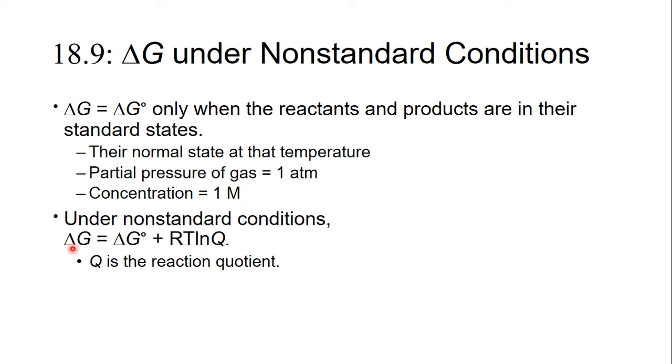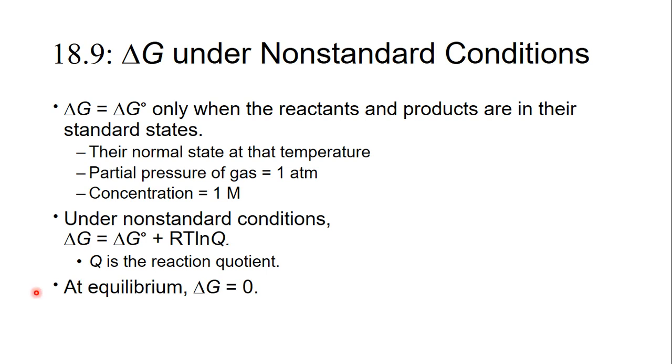Therefore, if we want to know the free energy change of our non-standard state, it is delta G, which is our non-standard conditions, equals delta G naught, which is the change in energy of our reaction under our standard conditions, plus RT, where R is the gas constant, just a number, times T, temperature, multiplied by the natural log of Q. Remember, Q is your reaction quotient. That is your amount of products divided by the amount of reactants, and there are no liquids and no solids.